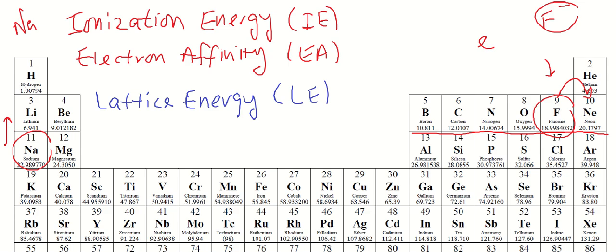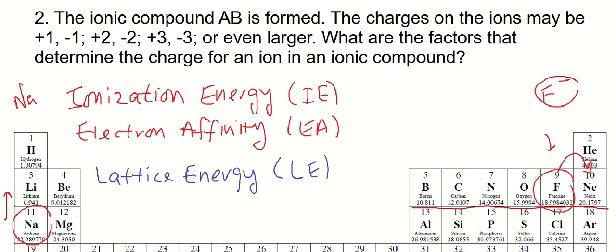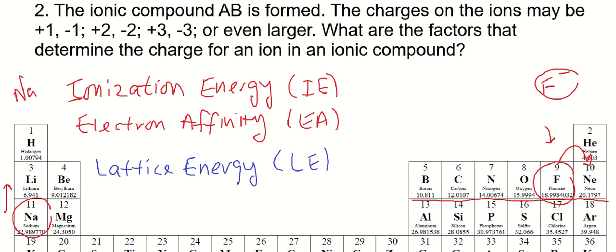The whole point of me saying that is that's why you wouldn't expect sodium and fluorine to make any of these other charges. You would only expect sodium and fluorine to produce ions, 1 negative and 1 positive.